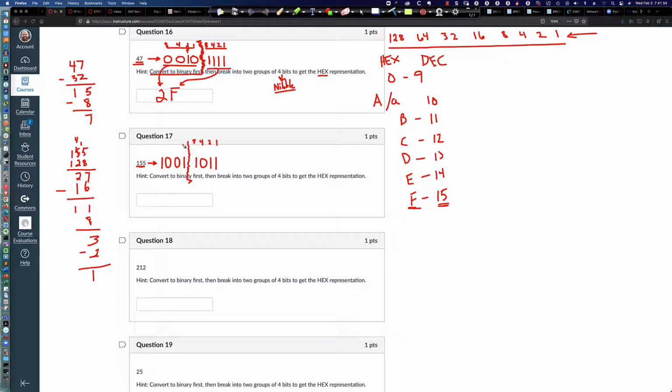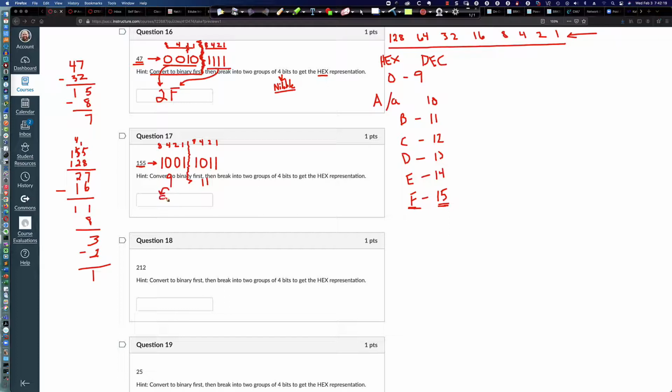And the same is true over here, 1, 2, 4, and 8. And we then go ahead and do our binary to decimal. So 8 plus 1 is 9. And over here, 8 plus 2 is 10, plus 1 is 11, and we convert now from our decimal values to hexadecimal.